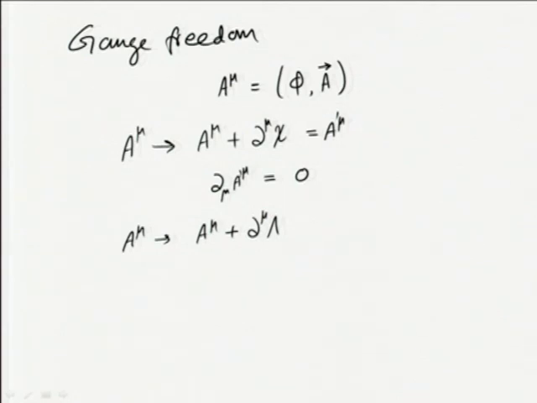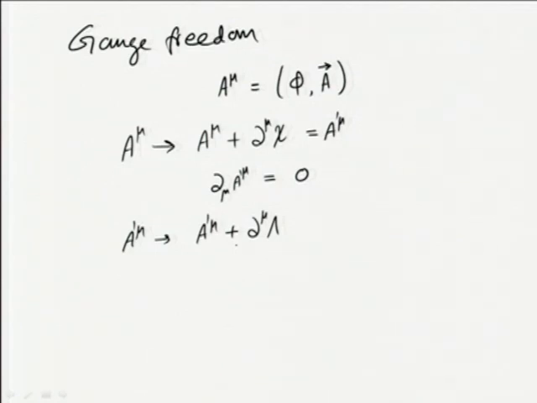So, A mu prime is the new field, and A mu prime can be transformed now to A mu prime plus some dou mu lambda, and then of course, this should also give you the same electric and magnetic field, because it is similar to the earlier transformation.